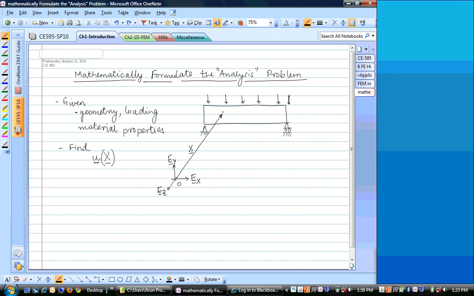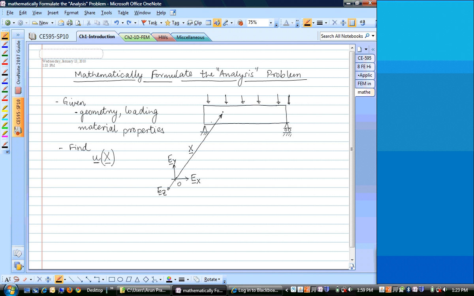Here's another note about this notation. All the vectors I'm going to denote by underlining their symbol. All the scalars will be just without any underline. So now this is the position vector before deformation.